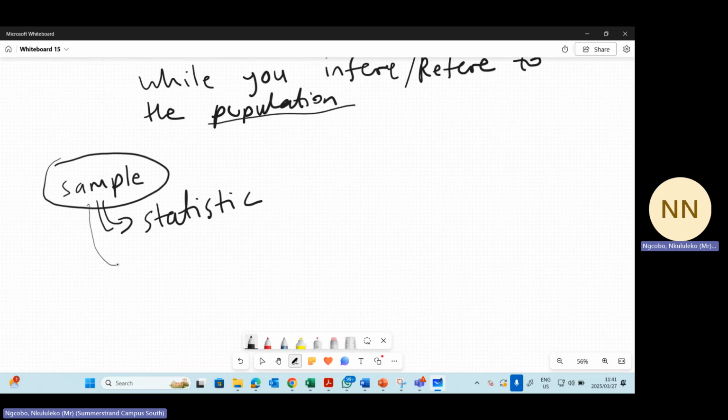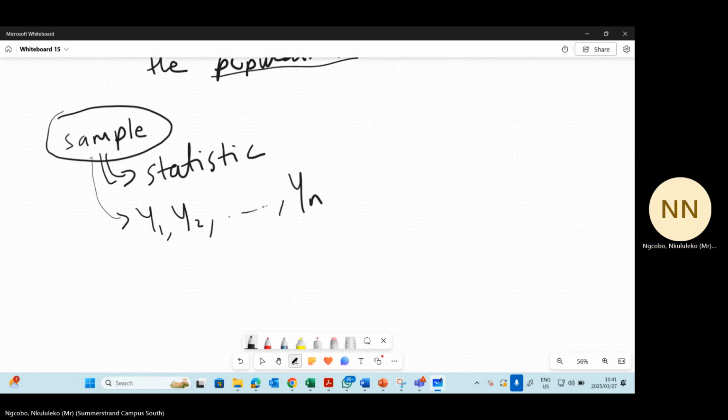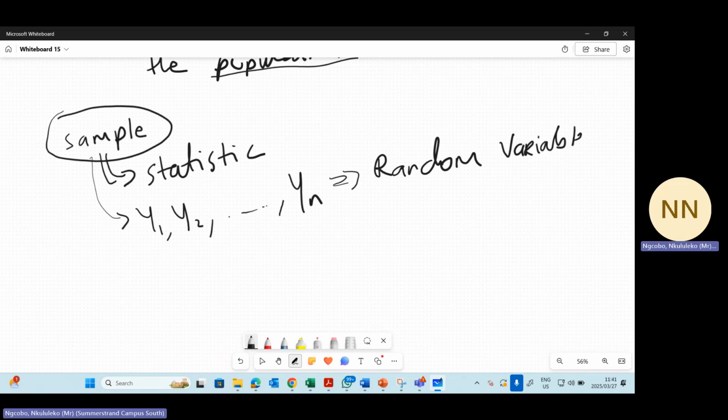So here you have your y1, y2 up until yn. So these variables are called random variables.